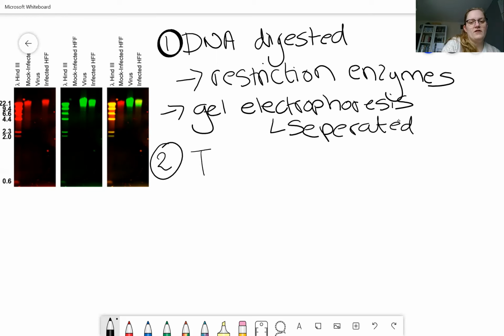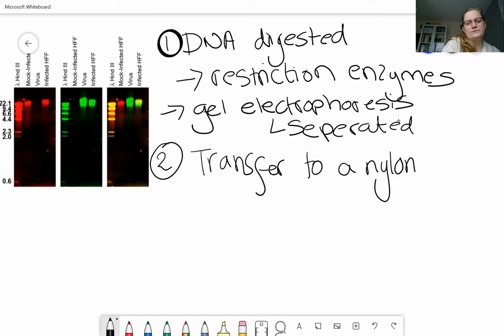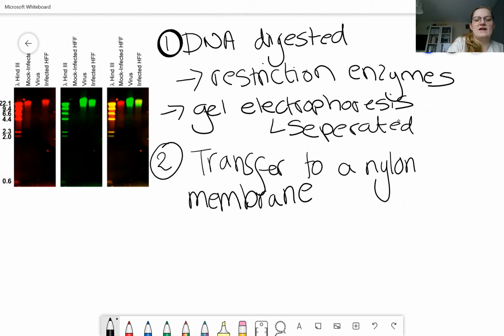So we transfer to a nylon membrane, and we incubate it with the fluorescent labels.